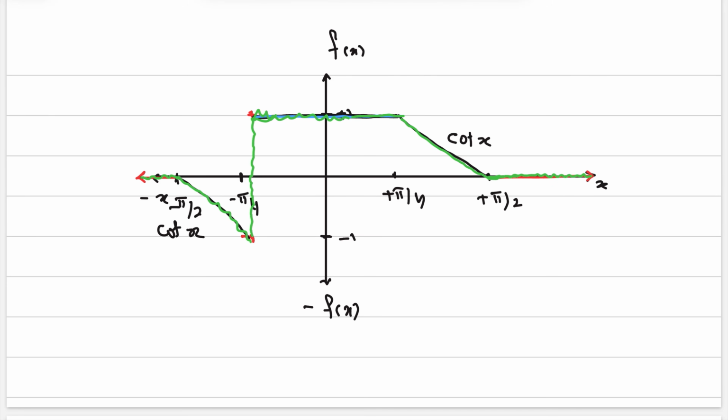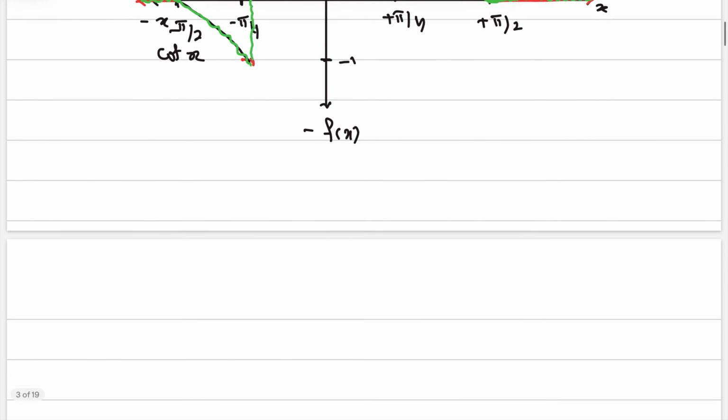Initially, the graph of the Fourier series, the initial graph, is like this. Please try to understand this.